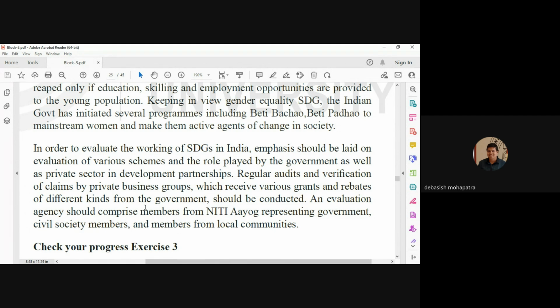An evaluation agency should comprise members from NITI Aayog. NITI Aayog represents government, civil society members and members from local communities.